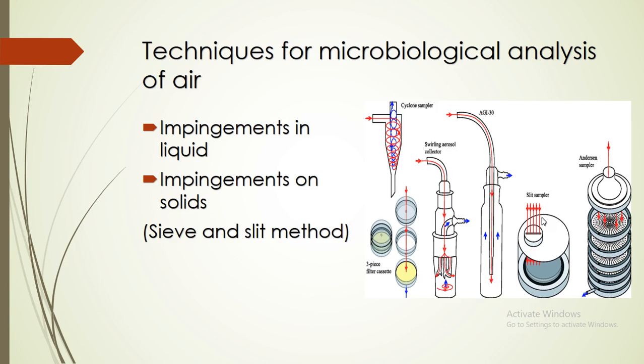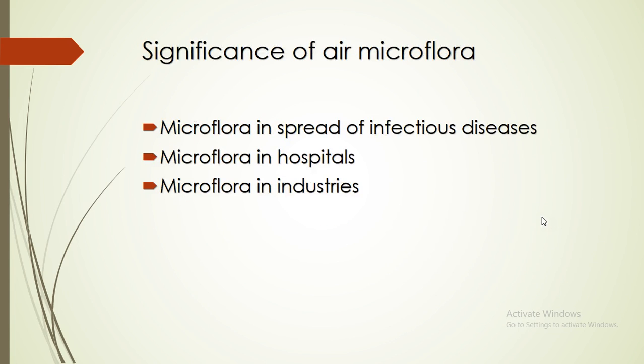They contain a funnel-shaped inlet and a tube-like outlet, and in between these two the filter is fitted. The outlet may be connected to a pump so that it can suck a known amount of air, and then after collecting the required volume of air through that filter, it can be directly placed onto a solid medium, and after incubation you can count the colonies.